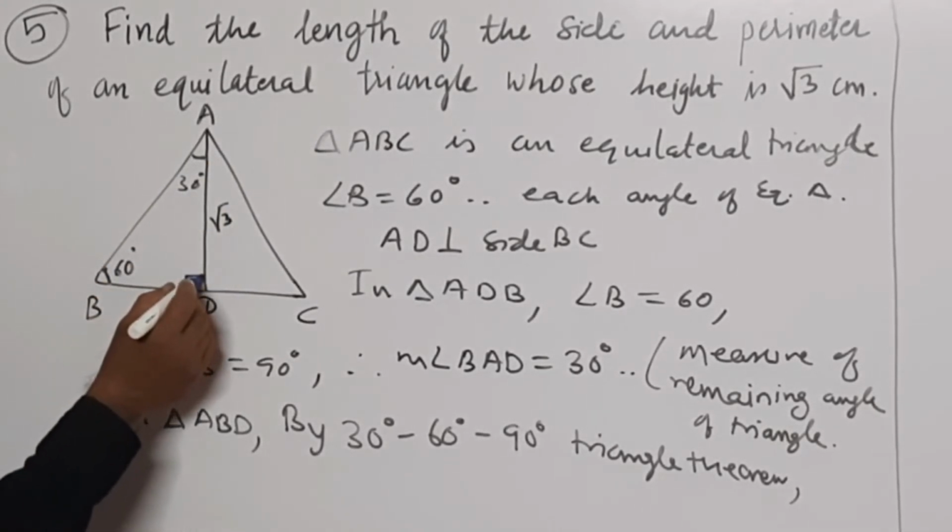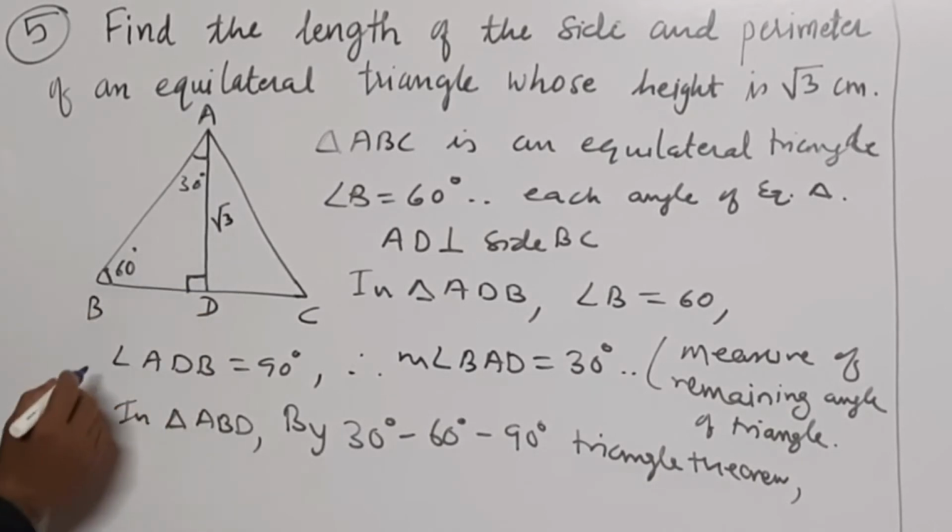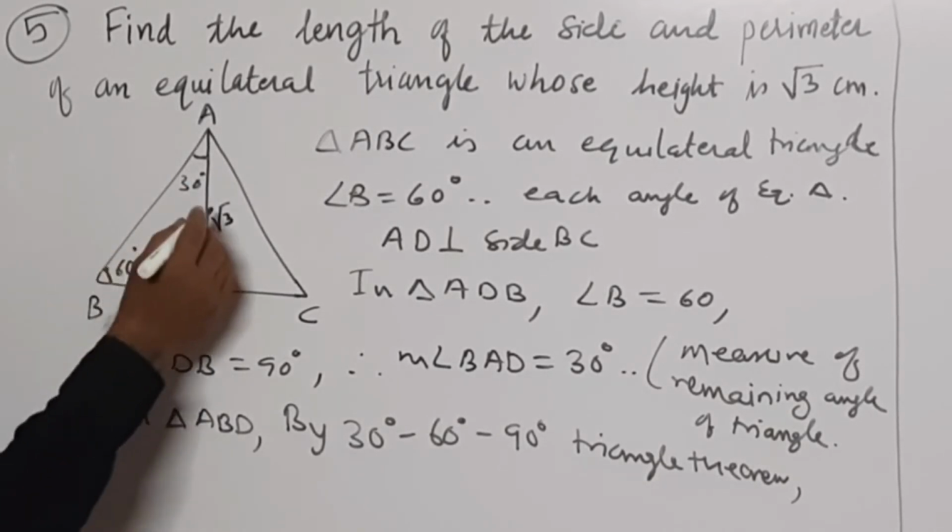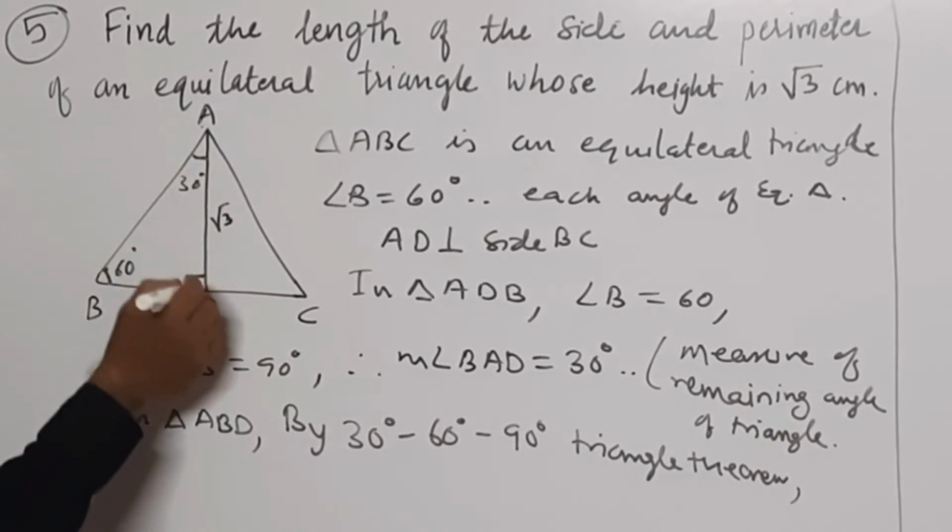This AB is the hypotenuse of this right angle triangle. So the side opposite to 60 degrees is the height, which is given.